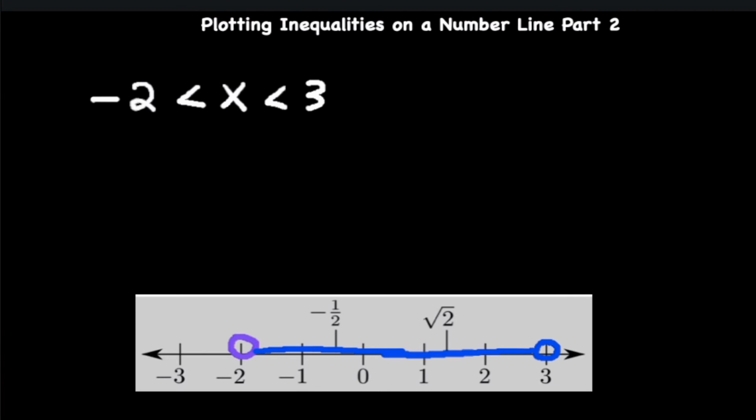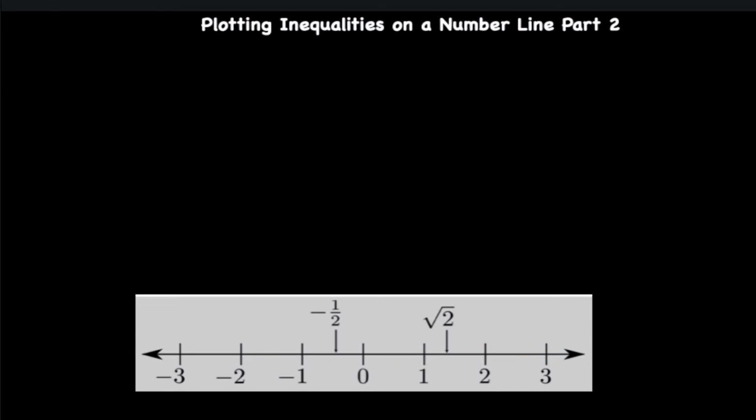So let's go over some more. Let's say you're given 0 is less than x, and x is less than or equal to 2. So let's go back and read this. X is greater than 0.